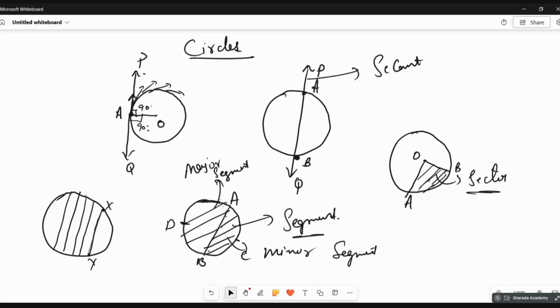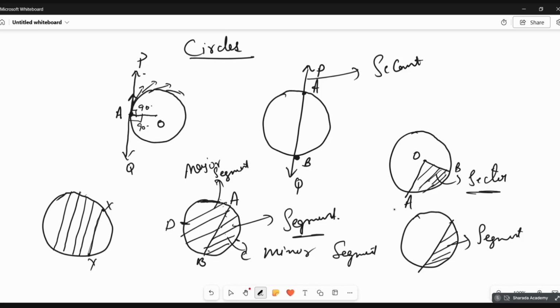After that, we have the segment of the circle. Segment means the area or portion of the circle between the chord of the circle and the arc of the circle.